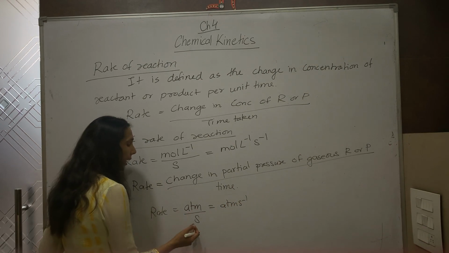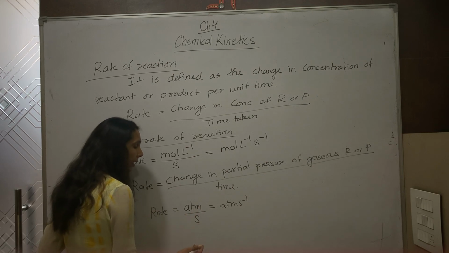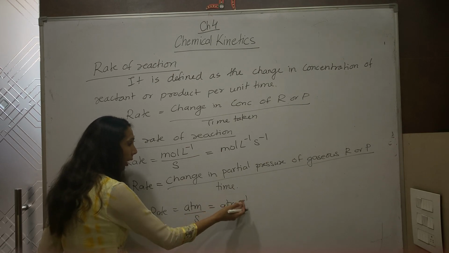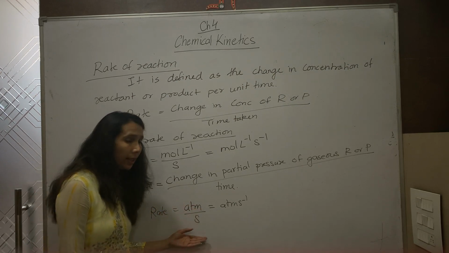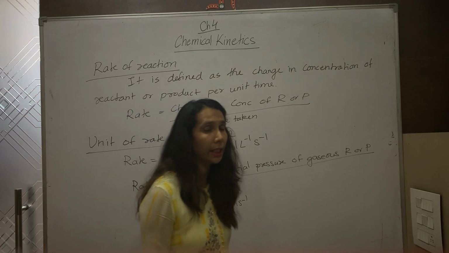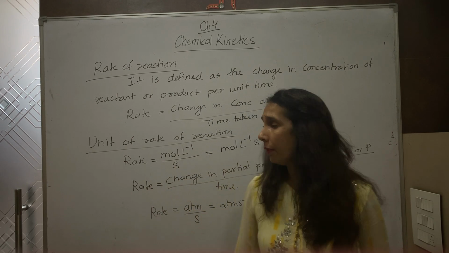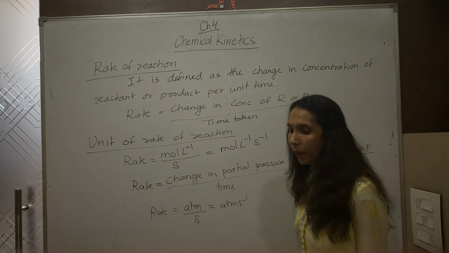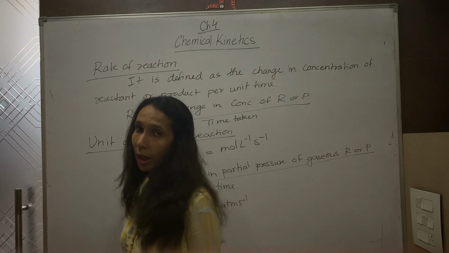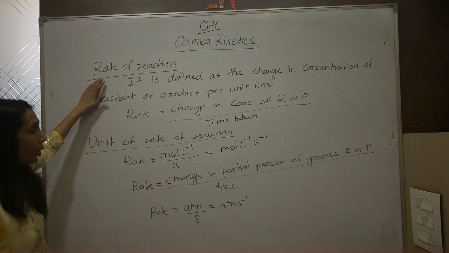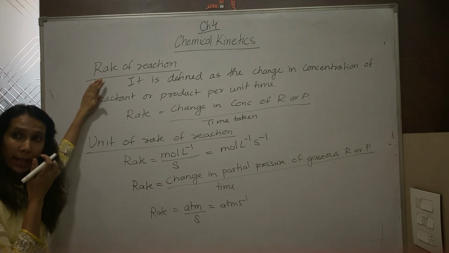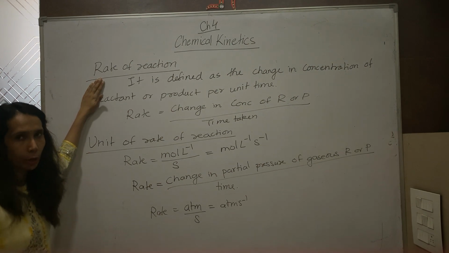In bar, it can become bar per second, and in Pascal, Pascal per second. So any of them can be used as the unit of rate of reaction. So with this we are done with what is rate of reaction and how to write the expression for rate of reaction. Thank you.